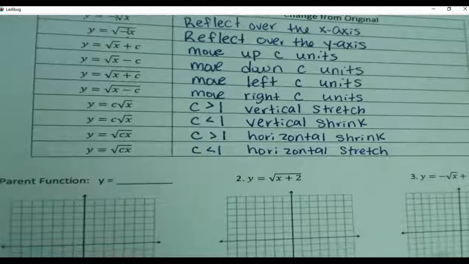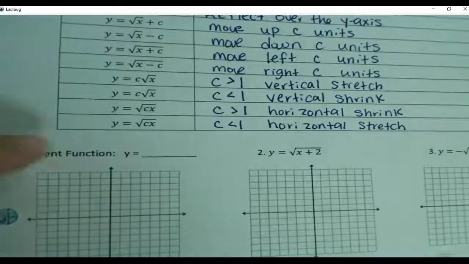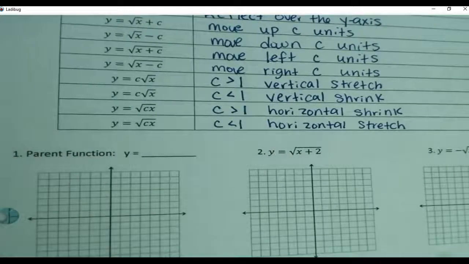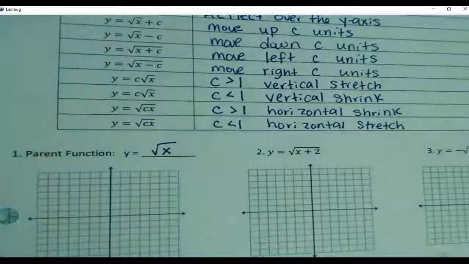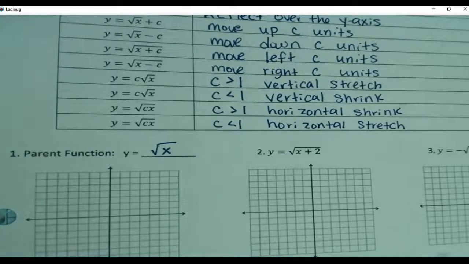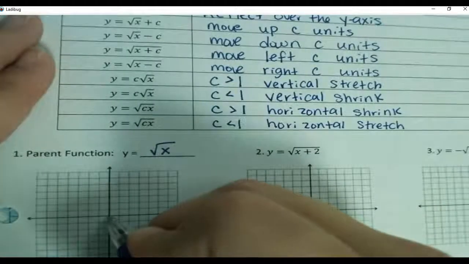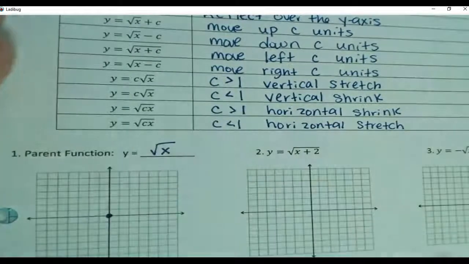Okay, so let's graph our original graph. So your original graph is called the parent function, and so that is just the square root of x. So that's what the graph looks like without any numbers or anything altering it. And so without anything changing it, it always starts at 0, 0.